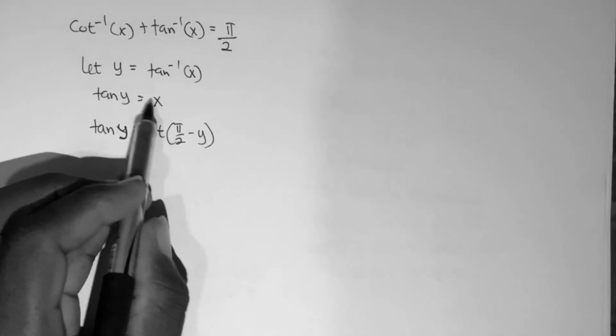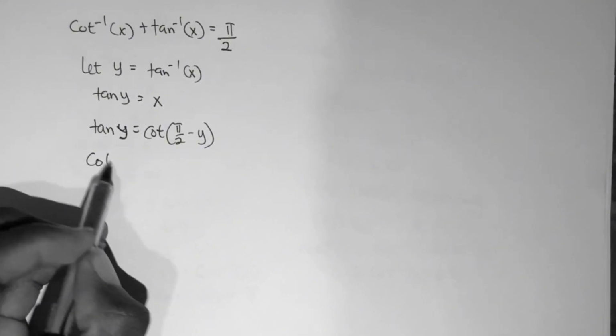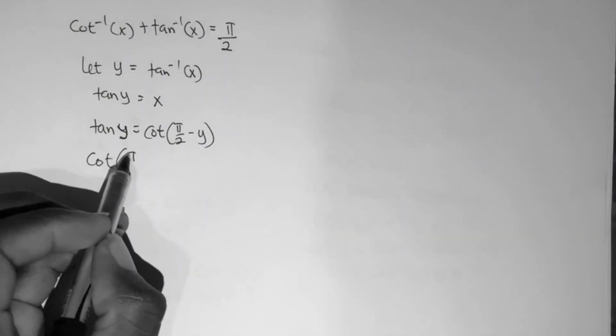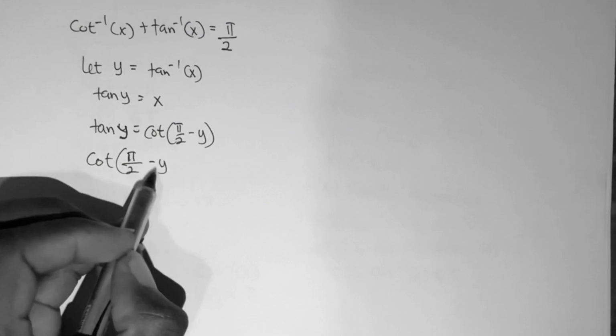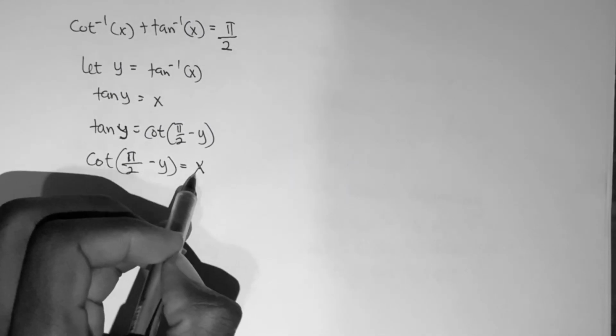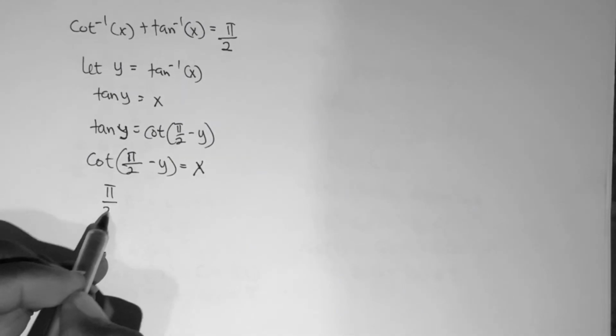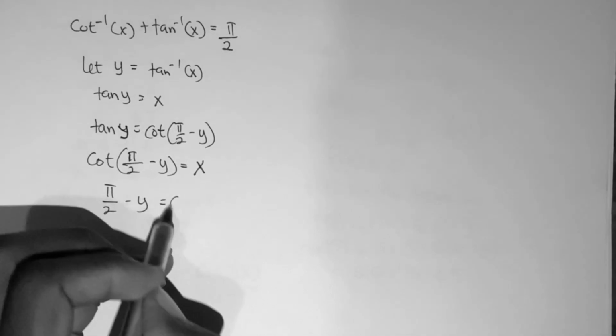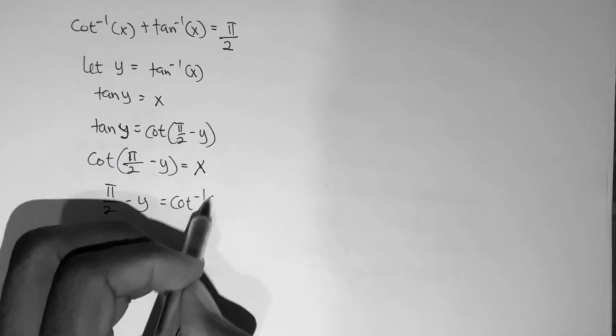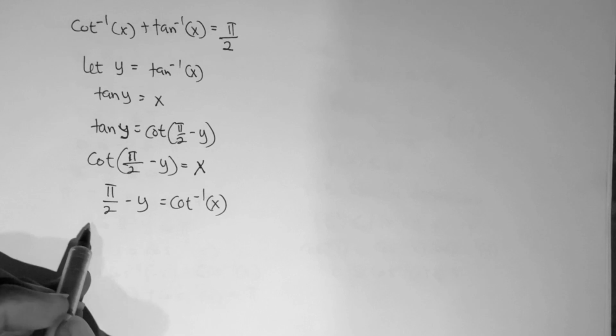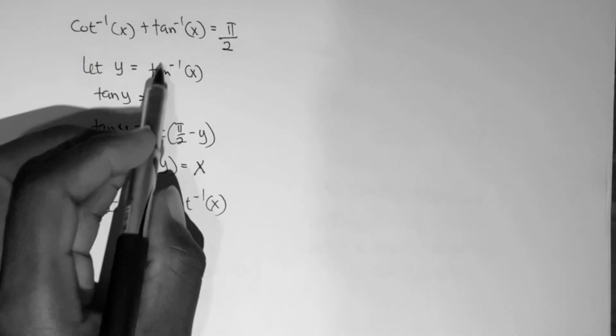Now, we said tan y is equal to x, so it implies that cot of (pi over 2 minus y) is equal to x. So therefore, pi over 2 minus y is equal to cot inverse of x. And therefore, y is the same as tan inverse of x.